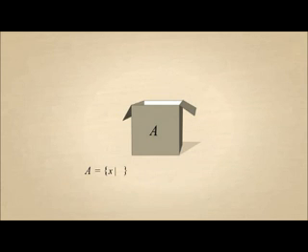In this case, every element must be a natural number and less than 4. The vertical bar means "such that." So we would read this definition as A is the set of all elements x such that x is a natural number and is less than 4. You may sometimes see a colon used instead of a vertical bar.